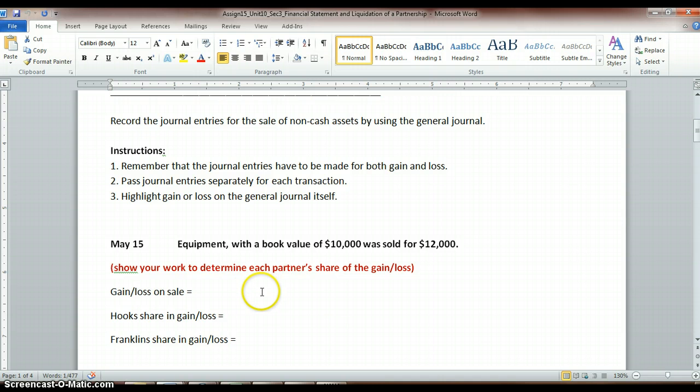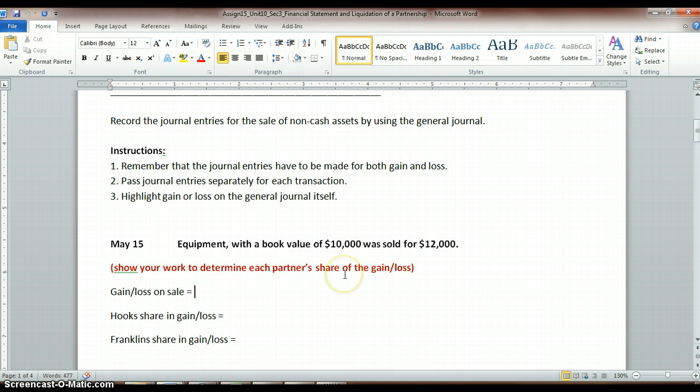Okay? So to determine May 15th, we had the equipment valued at $10,000, but we sold it for $12,000. So the gain or loss on the sale, we would take what we sold it for minus what the value was.